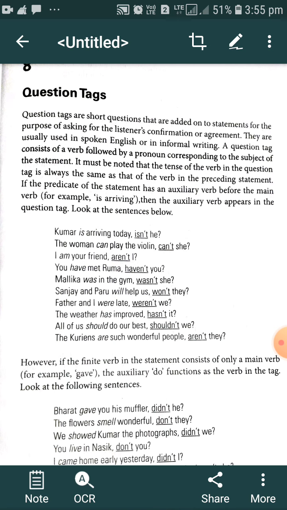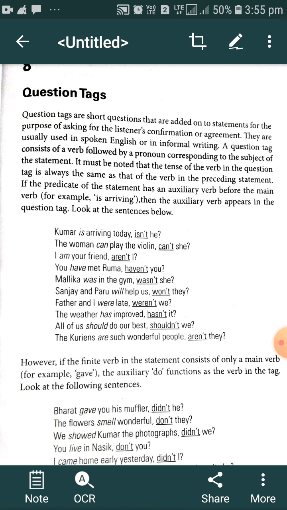For example, if we have simple present tense in the statement, we cannot add a question tag in simple past tense. Whatever tense has been given in the statement, we have to use only that tense. If it is simple past tense, we use simple past tense in the question tag.